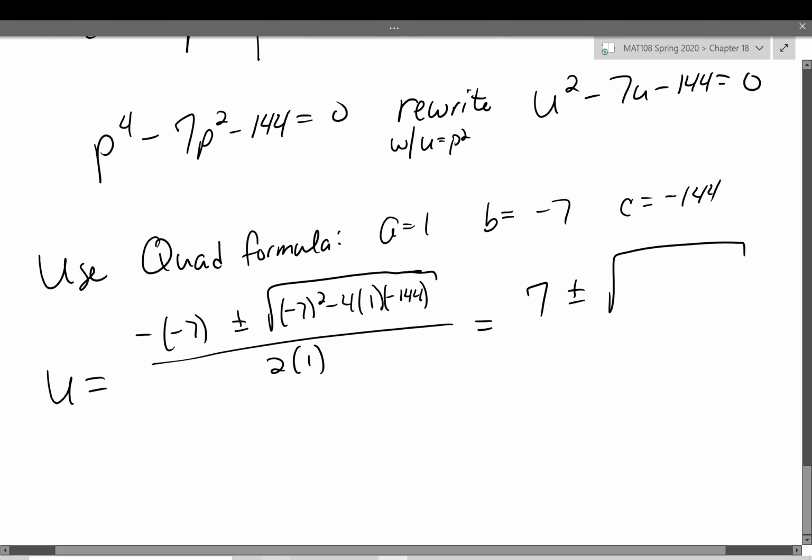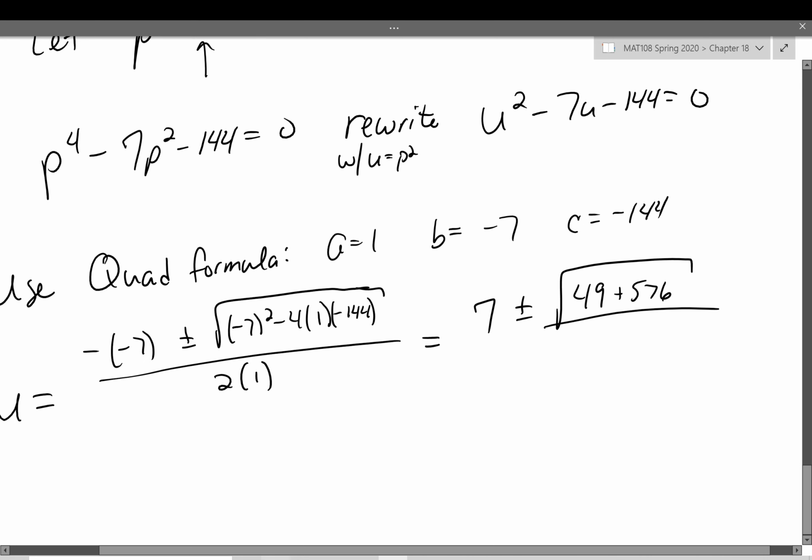We'll take this one step at a time. 49, and then -4 times 1 times -144 is positive 576, all over 2.